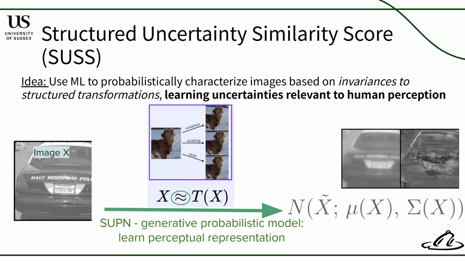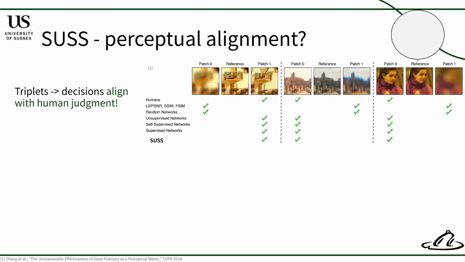So we wanted to build this probabilistic representation of the space of images where Charlie still looks the same, and then measured the distance between these representations. And we use something called structured uncertainty prediction networks for that, in order to learn the structures that are relevant for human perception. I'm happy to go more into the model architecture later, but let's get into some results.